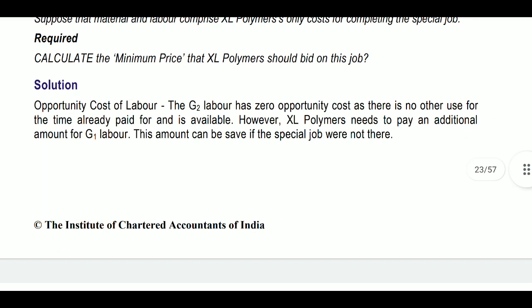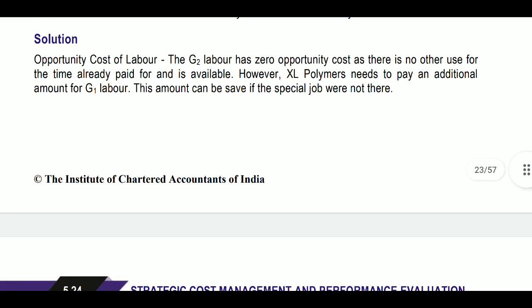Here, the opportunity cost of G2 labor is zero, as there is no other use for the time already paid for and available. Already we have paid for the excess, so we do not have any opportunity cost from using it. However, Excel Polymers need to pay an additional amount for G1 labor. This amount can be saved if the special job was not there.